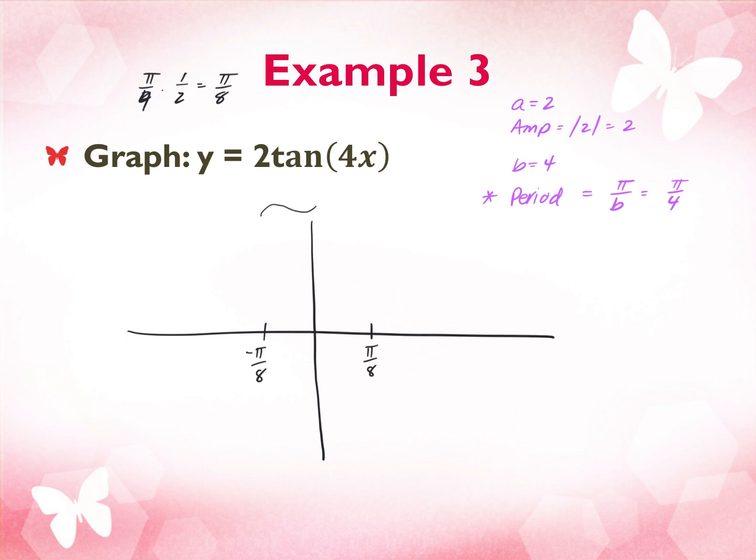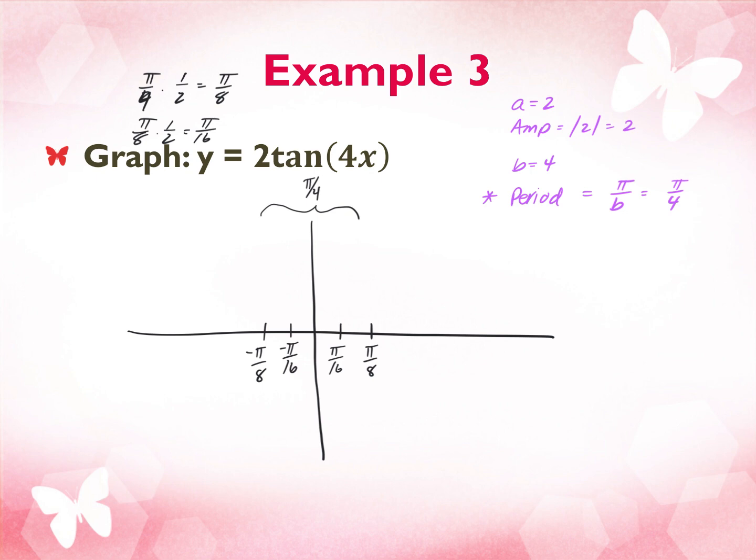Remember that between pi over 8 and negative pi over 8 is 1 period, which is what we've got here. And then remember that we have to find the midpoint of those as well. So the midpoint of pi over 8 is half of pi over 8, or pi over 16. So this is pi over 16, and this is negative pi over 16.